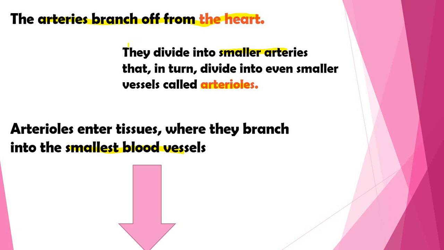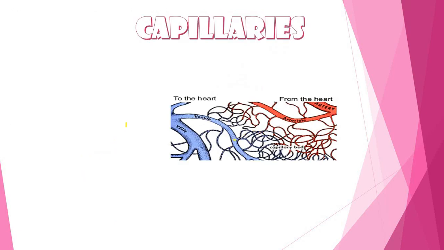When they start to walk through the body, they are divided into smaller arteries, which in turn divide into even smaller vessels called arterioles. These arterioles, when they enter the tissue, start to divide into the smallest blood vessels, which are the capillaries.